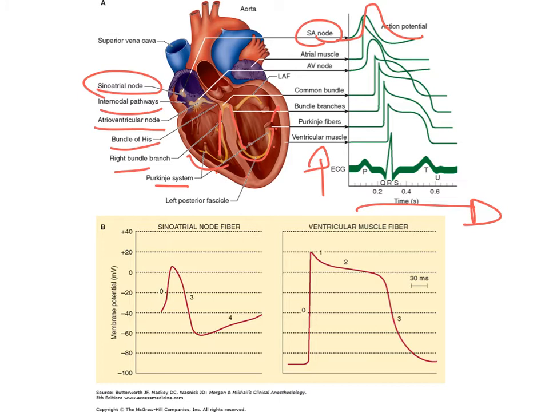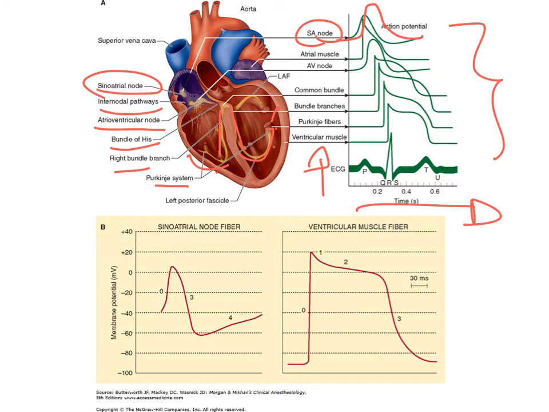So as you can see, each electrical activity that is listed up here through time, based on when it is activated, the timing of the peak of the millivolts is different.